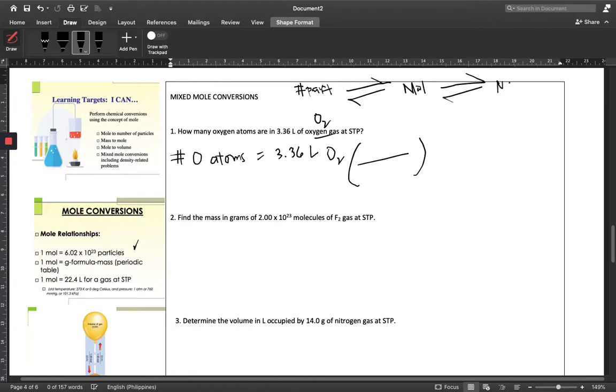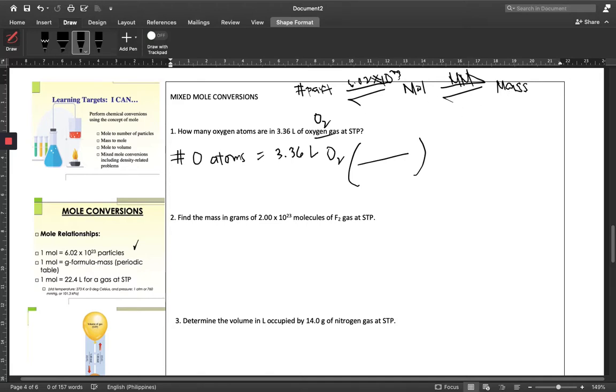So from mole to mass. In converting number of particles to moles, we use Avogadro's number, which is 6.02 times 10 to the 23rd. We just have to remember this value. And then from moles to mass, we use the molar mass. So we can convert moles to the mass in grams by using the molar mass.